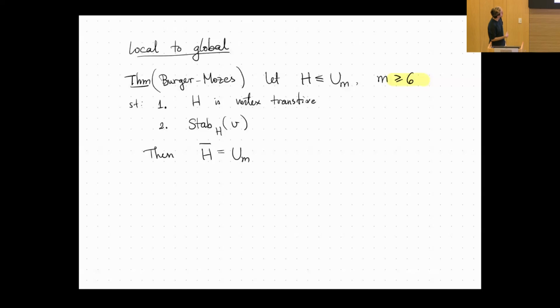So let's phrase it as follows. Let's look at the stabilizer of some vertex in H. It will hold for all of them by vertex transitivity. So really you can assume it about one vertex. And the assumption will be that when you restrict this to the ball of radius 2 around V, okay, so you see what it does to the ball of radius 2 around V, you want this to be the same as what U can do to the same ball.